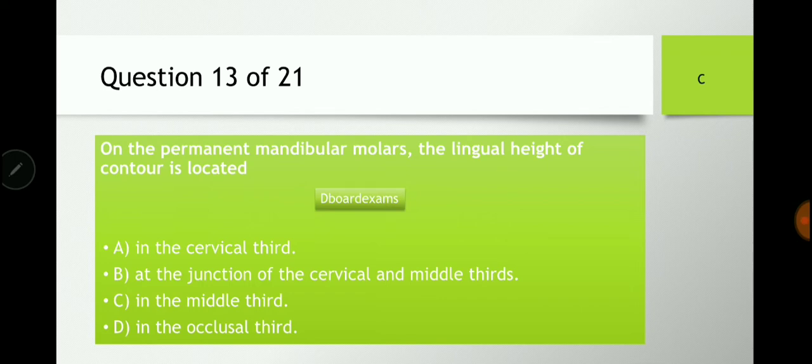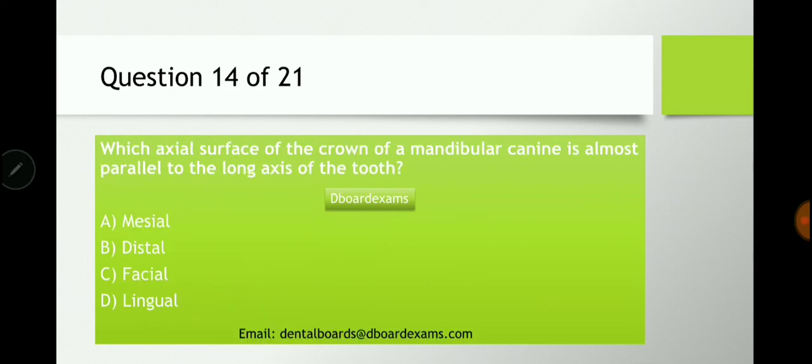Going to question 14 of 21. Which axial surface of the crown of the mandibular canine is almost parallel to the long axis of the tooth? I love mandibular canines.